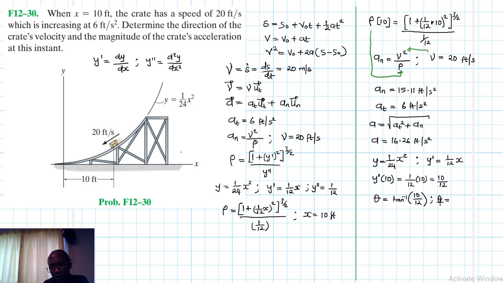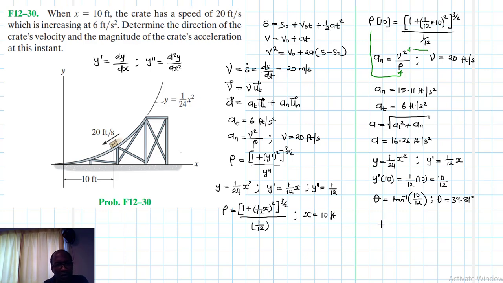Let's work it out. Where is the function for tan inverse? Okay, tan inverse of 10 divided by 12. This gives us 39.81 degrees.